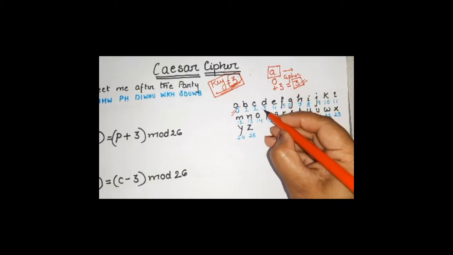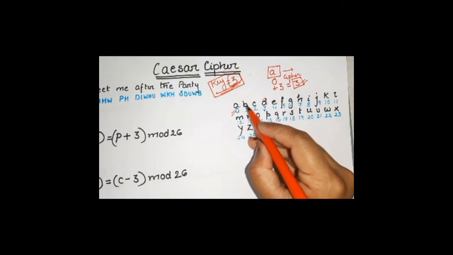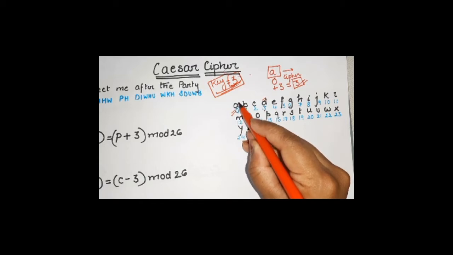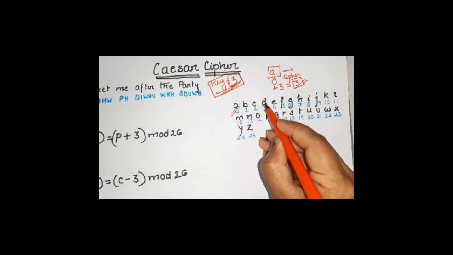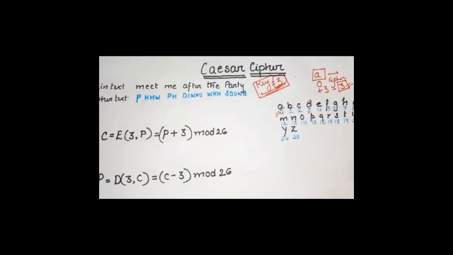What is the alphabetical value of 3? Which is D. Therefore, the replacement of plain text A will be ciphertext D. I hope you can understand. We've also discussed this in brief in an earlier video too.